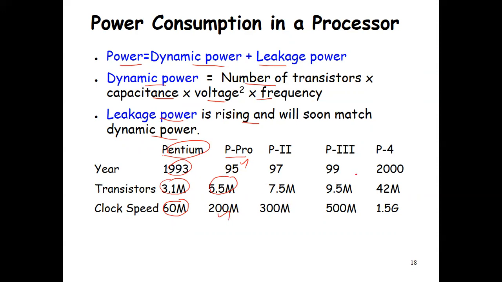Pentium 4, released in 2000, used 42 million transistors, and its clock speed is 1.5 gigahertz. So all this talks about Moore's law, and also about power dissipation.